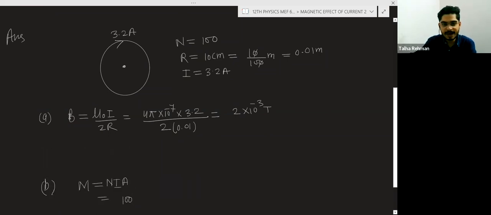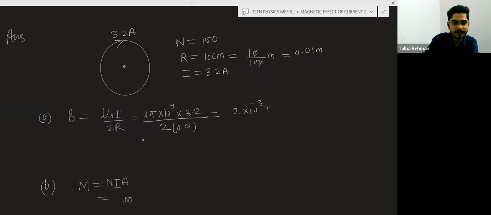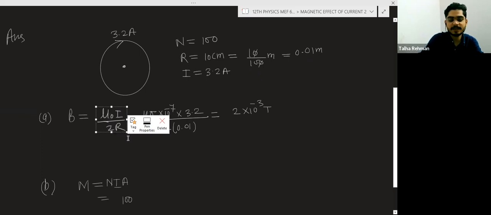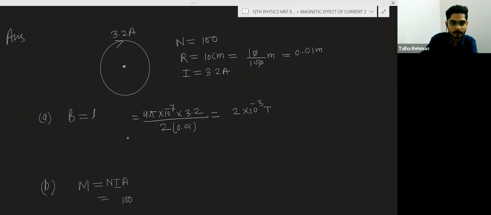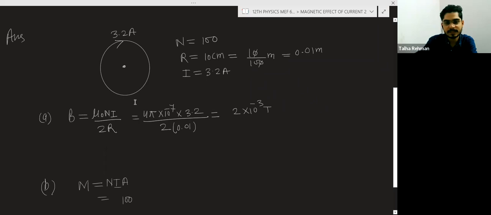Actually, this magnetic field at the center is for only one turn. Only for one turn. When you have N number of turns, what you will do is multiply this formula with capital N. So right here, we can change this formula: mu naught N I divided by 2R. So you will multiply this with 100.